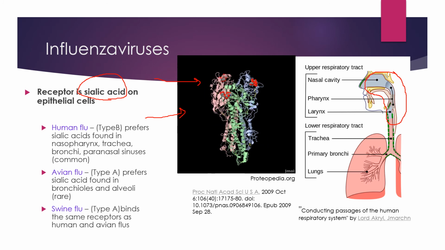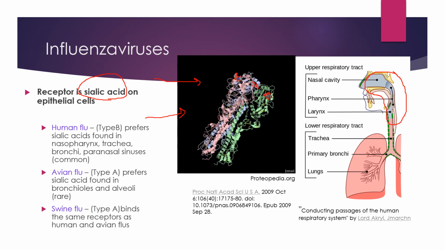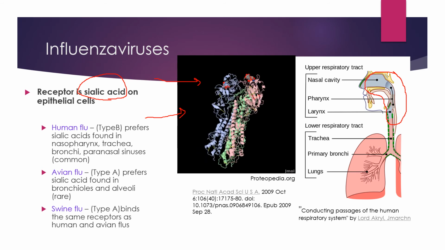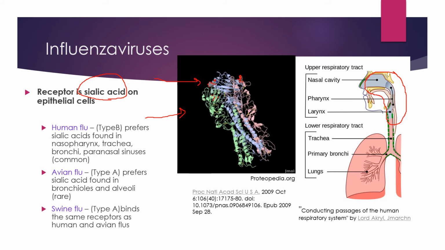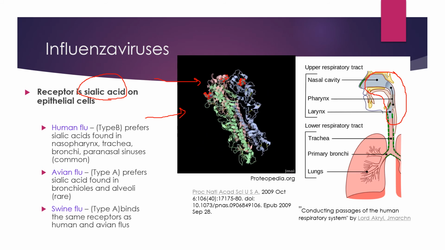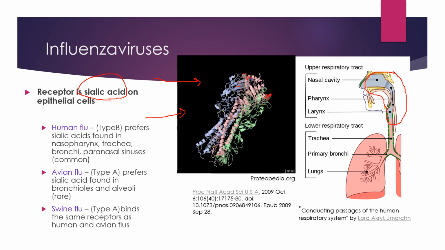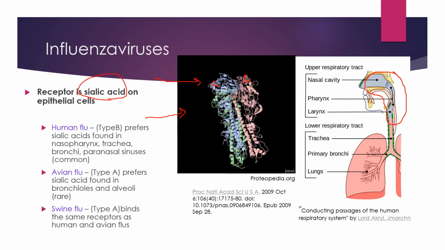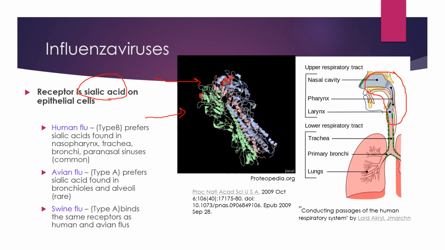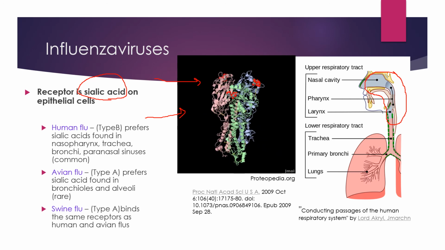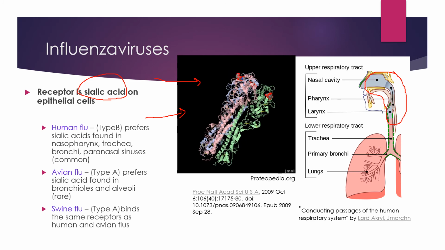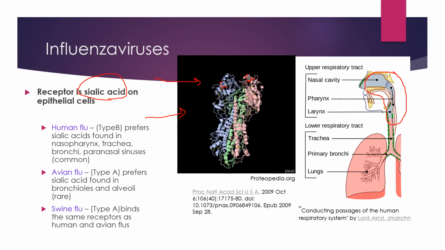Avian or bird flu is an infection of domesticated and wild birds that occasionally is transmitted to human beings because of our close contact with infected birds. These types of viruses are type A influenza viruses, and they prefer the sialic acids on the epithelial cells that are deep within our respiratory system.